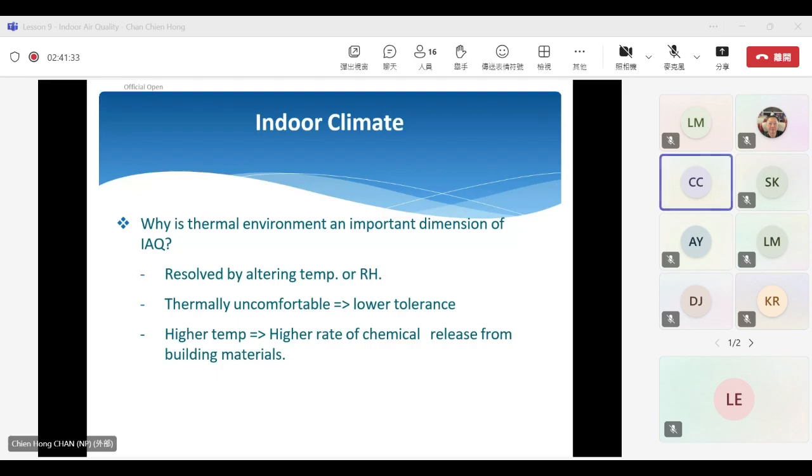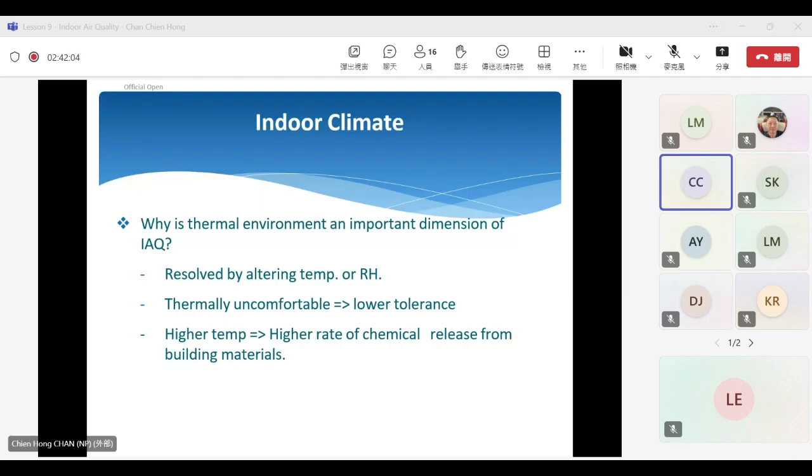So to improve on the indoor air quality, it is important for us to understand the thermal environment, right? That includes understanding or measuring the temperature and the relative humidity of the indoor air.